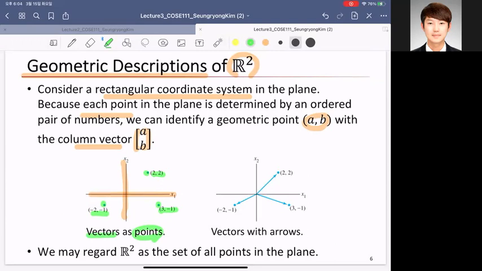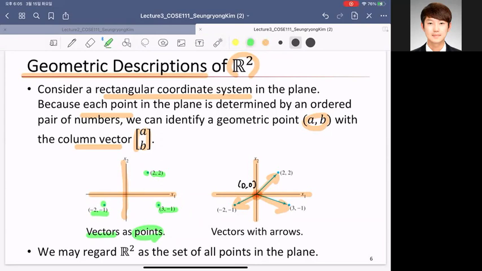Or we can represent the vector as an arrow from (0, 0) to (2, 2), like this, or like this. So this kind of representation also represents a vector in R2 space.